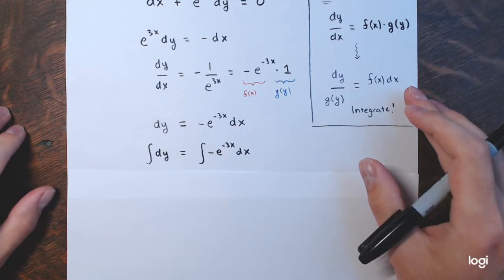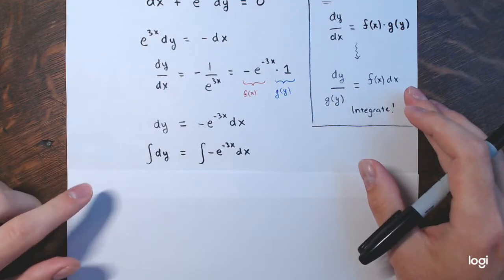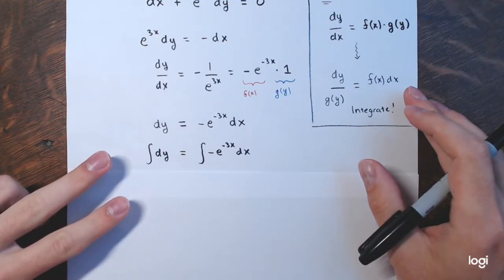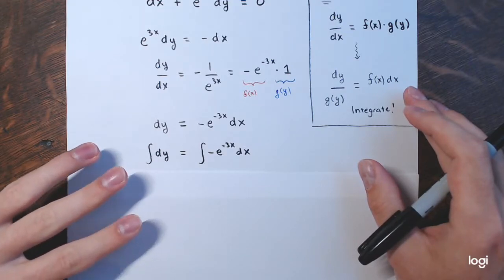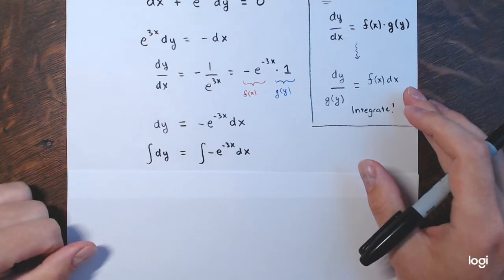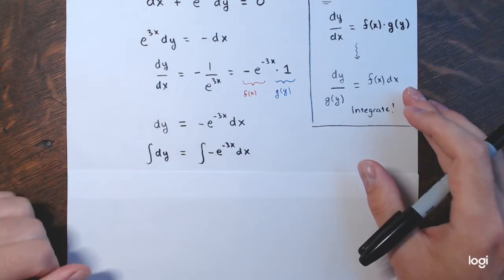You've got your u substitutions, integration by parts, trig substitutions, and when you have rational functions, partial fraction decomposition, and all sorts of things.